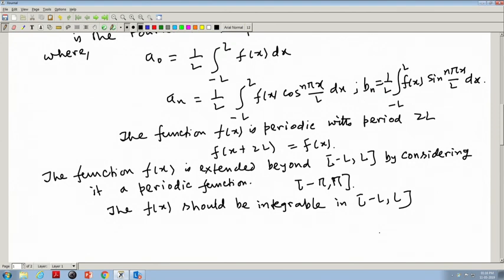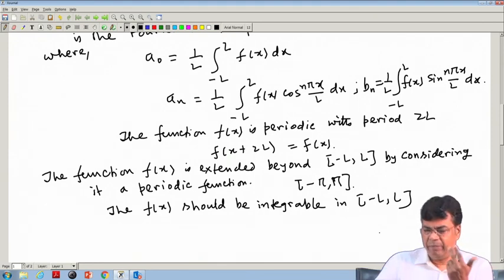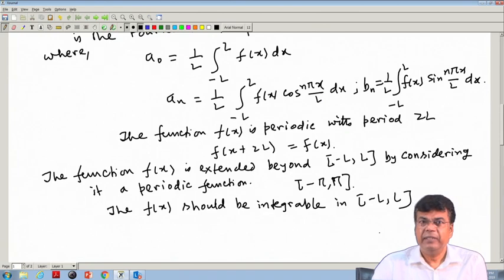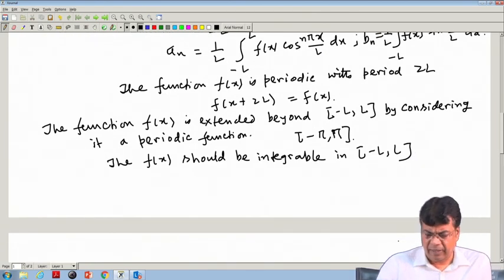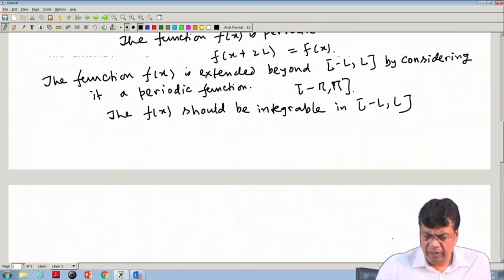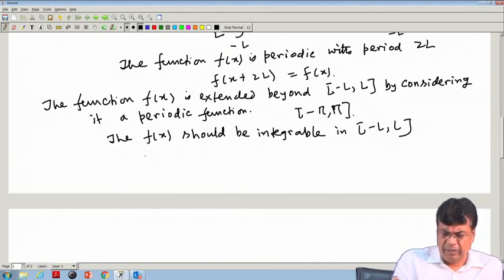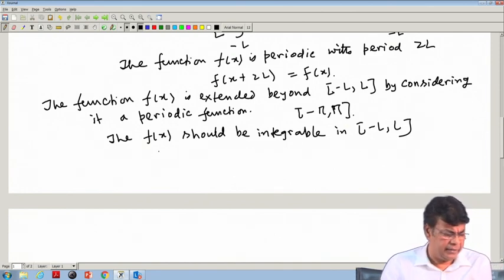If that is guaranteed, then a0, a1, a2, an, and b1, b2, bn, etc. can be determined. And as for how the summation behaves, if f(x) is integrable, then f(x) is equal to the summation of this, so at any point the function value and the sum are the same.